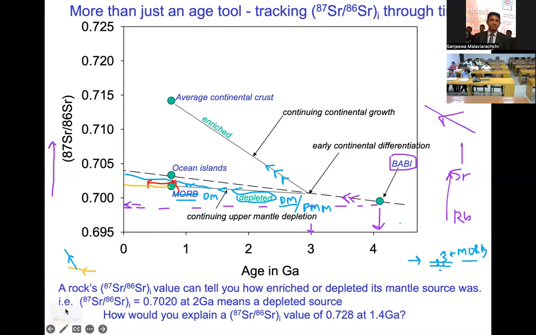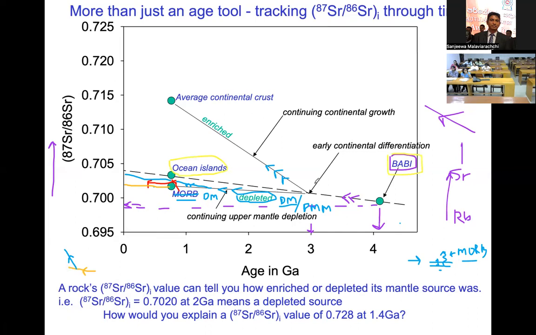Okay, so why do these ocean islands lie on this broken line, which is the same as the Barbie? I said ocean islands are products of the lower mantle, right?